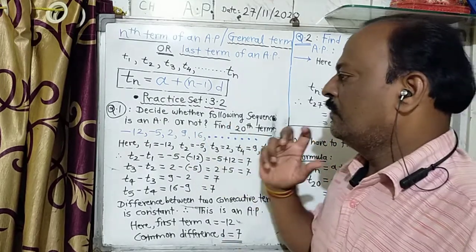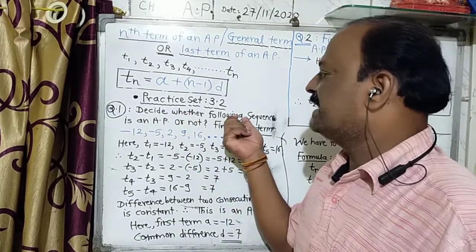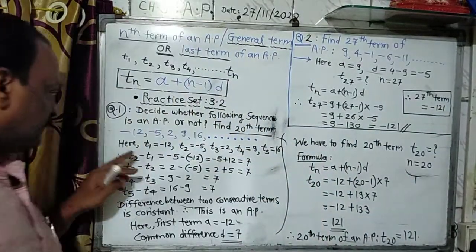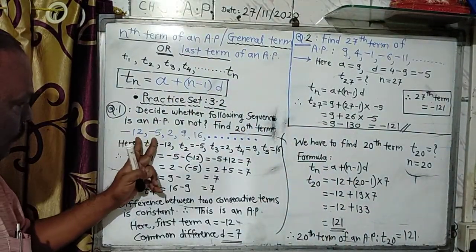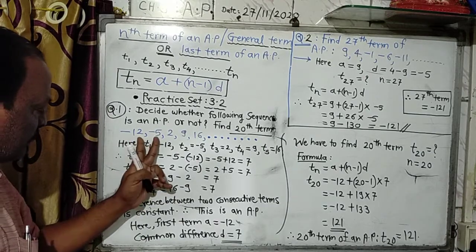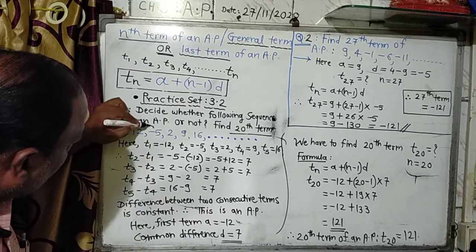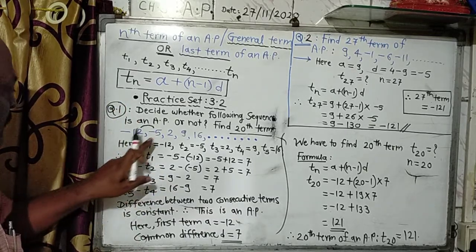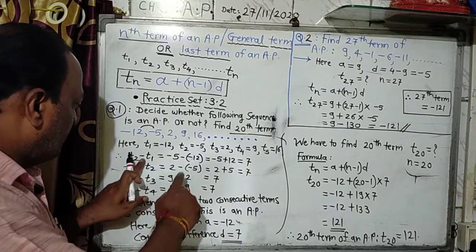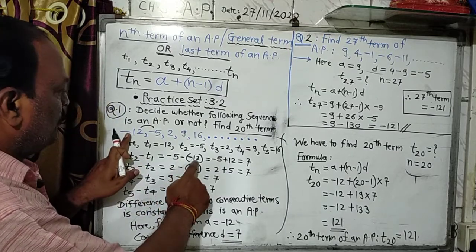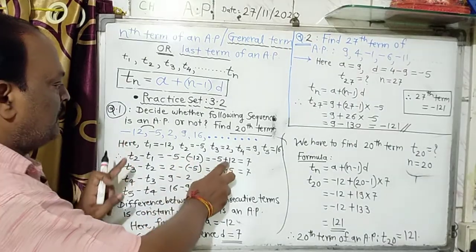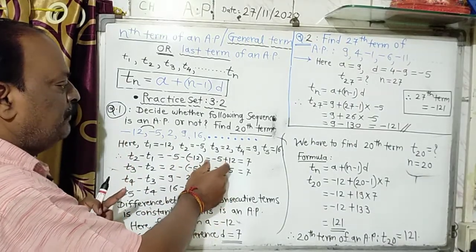First, we decide whether it is an AP or not. See here, the difference between two consecutive terms. T2 minus T1: minus 5 minus 12, that is minus 5 plus 12.